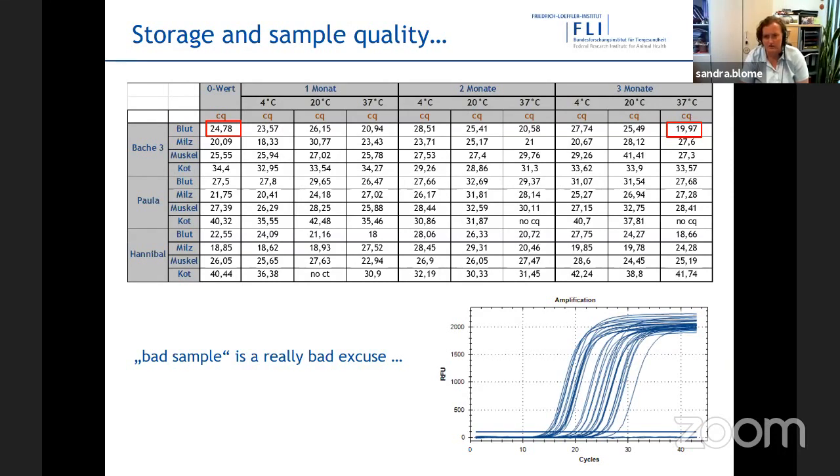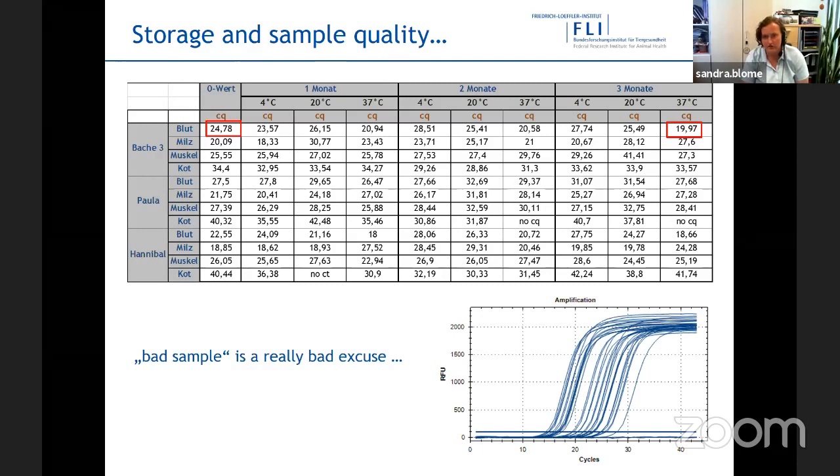This is a bad excuse, actually. In the very beginning, we tried to do storage and sample quality testing or assessment. What we did is we used different matrices. In this case, it's German, so I will read it to you. It's blood, spleen, muscle, and feces. And we kept it for 1, 2, 3 months at different temperatures that you have available in the lab.